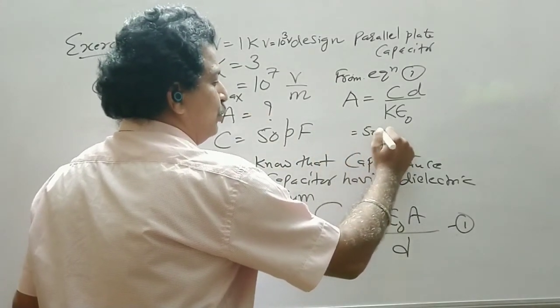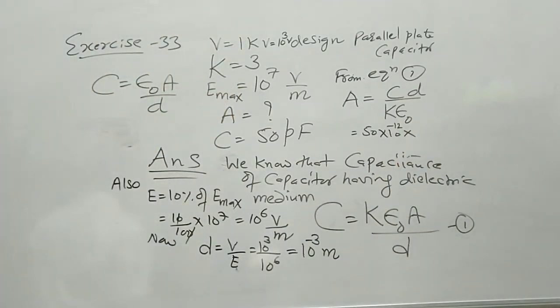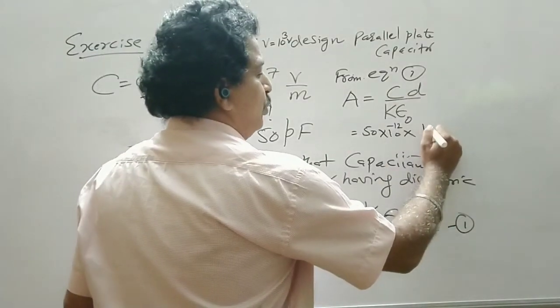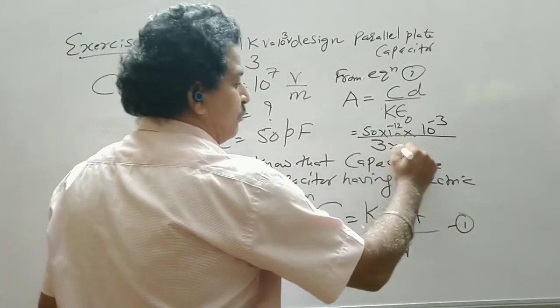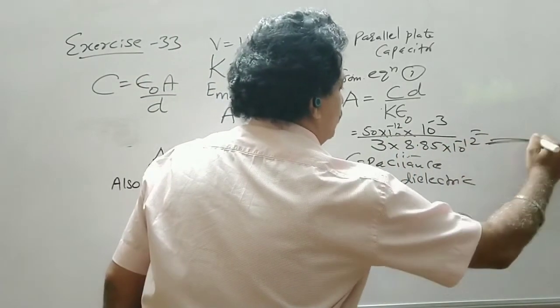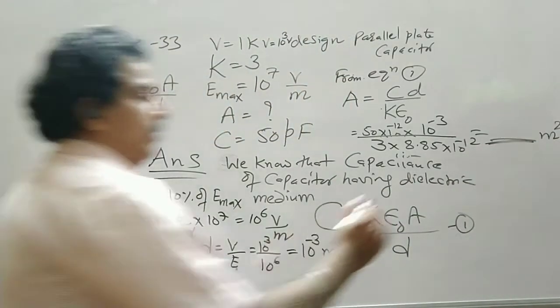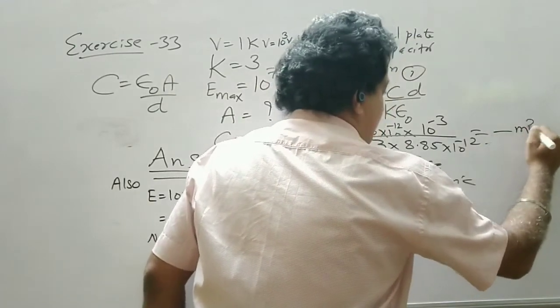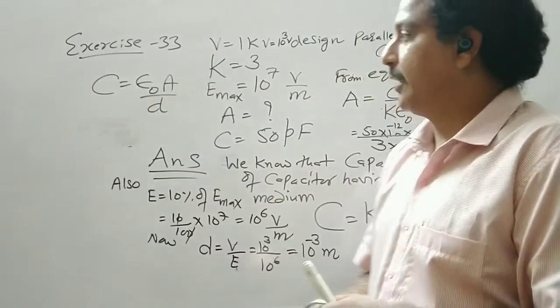This is 50 pico, so 50 into 10 raised to minus 12, into the distance between the two plates of the capacitor, found to be 10 raised to minus 3 meter, divided by K, the dielectric constant 3, and epsilon naught 8.85 into 10 raised to minus 12. You substitute these values and you will get the area in meter square. So the calculation is left as an exercise, you find out the area of this capacitor.